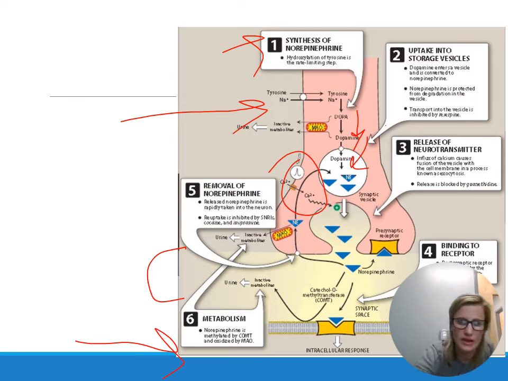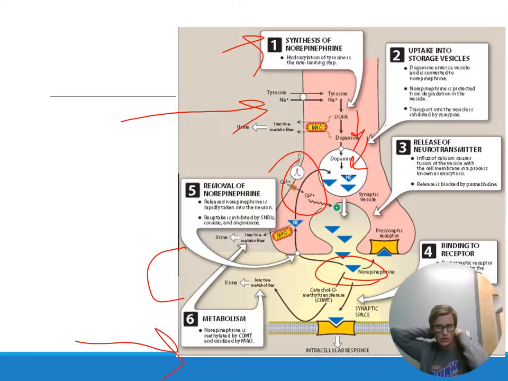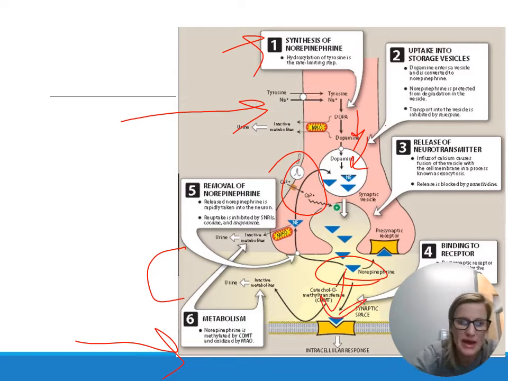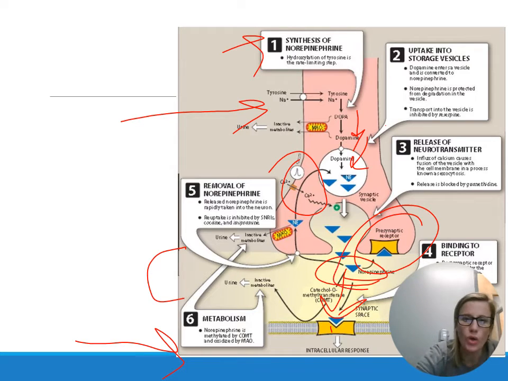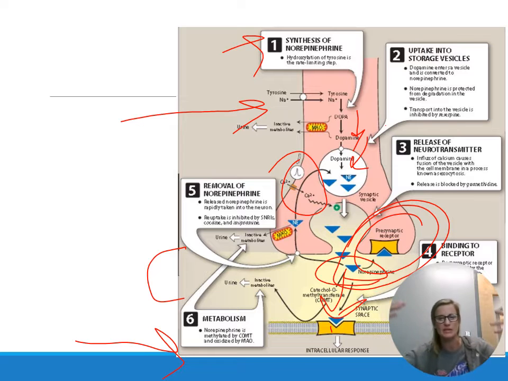Finally, here in the cleft, now we see our norepinephrine. Our norepinephrine is going to bind to receptors. Now, there are actually 2 different places where it can bind to receptors, and the effects are different. So first off, here you can see norepinephrine binding to receptors on the effector cell. That causes whatever the effect is, depending on the cell. But here, notice there's also receptors on the presynaptic membrane.